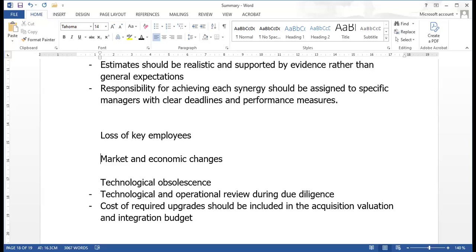If you lose experienced managers, experienced chefs, sales staff, you are losing valuable knowledge, and the relationships with your customers and suppliers are affected.